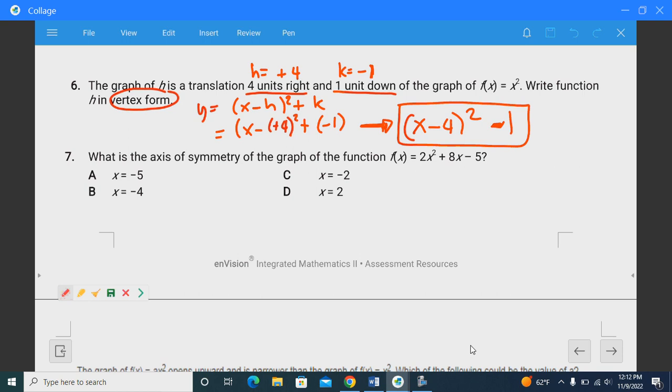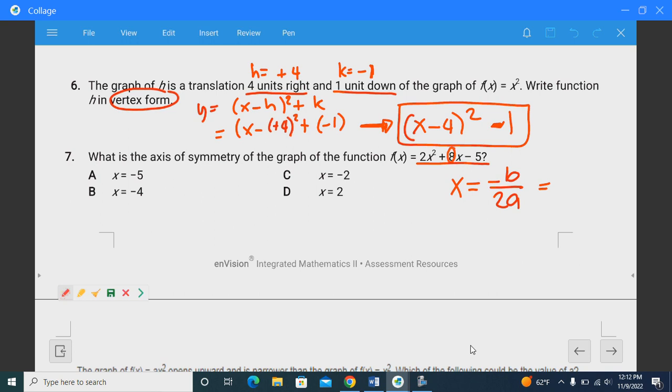Next, number 7. What is the axis of symmetry of the graph of the function? So, find the axis of symmetry again. That is x equal to negative b over 2a. So what is our b here?